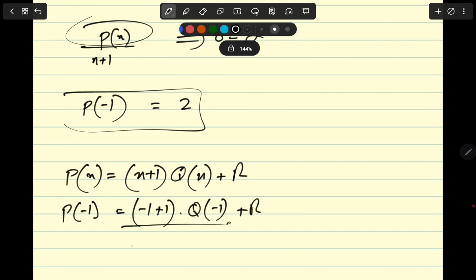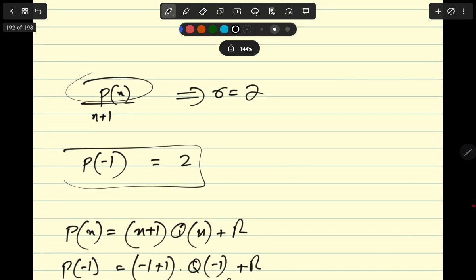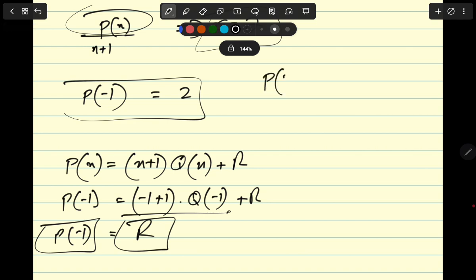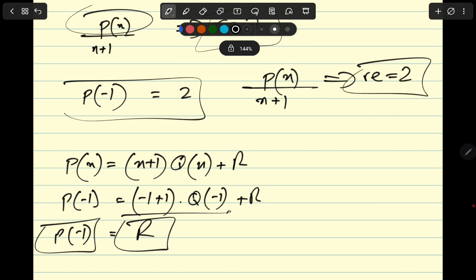So this entire thing becomes 0, and I am just left with the remainder on the right hand side, and this is p of negative 1. So p of negative 1 is the remainder, and we were told that the remainder is 2. So when this polynomial p of x is divided by x plus 1, it produces a remainder of 2. So here's the proof.